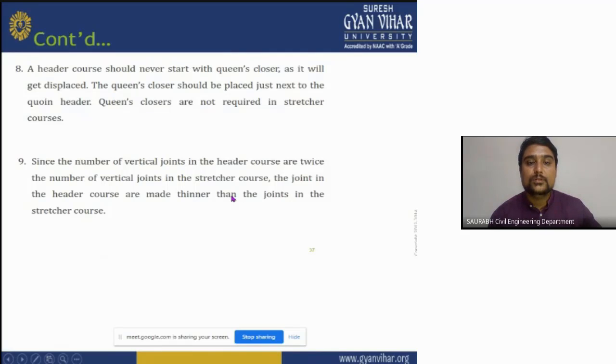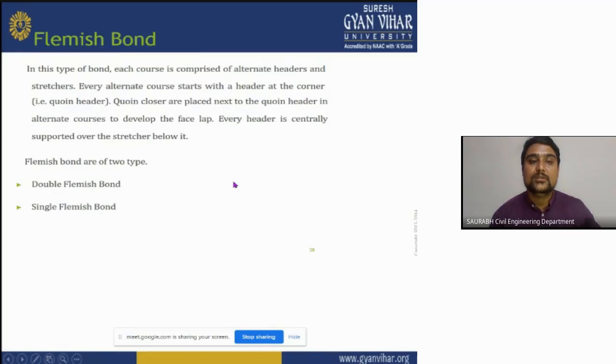The header course should never start with a queen closer as it will be displaced. The queen closer should be placed just next to the quoin header, and queen closers are not required in the stretcher course. Since the number of vertical joints in the header course is twice the number in the stretcher course, the joints in the header course are made thinner than the joints in the stretcher course.